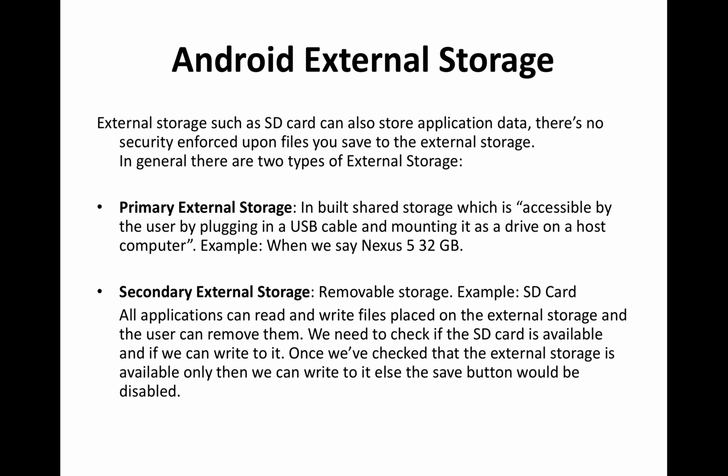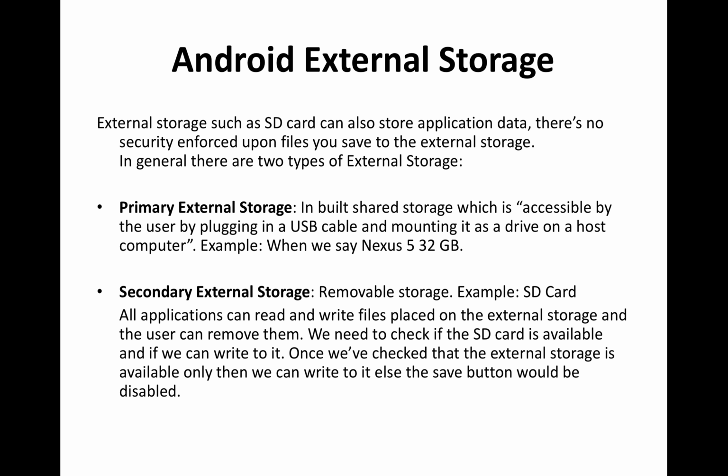Primary external storage, the built-in shared storage, is accessible by the user by plugging in a USB cable and mounting the drive on a host computer. For example, when you say Nexus 5 32 GB, this is primary storage. Secondary external storage is removable storage, like an SD card.